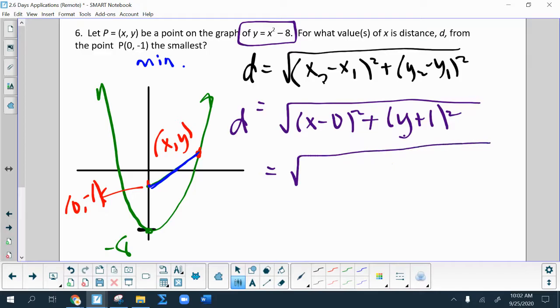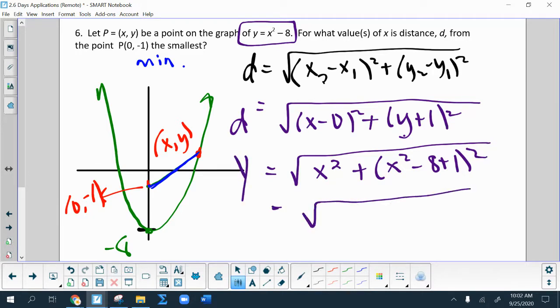So now my formula becomes x squared plus y is x squared minus 8 plus 1, the whole thing squared. So I'm replacing the d with a y, replacing the y with this x squared minus 8, and I now have this. Oops, that's a 7 squared.